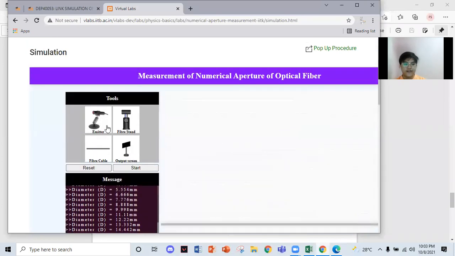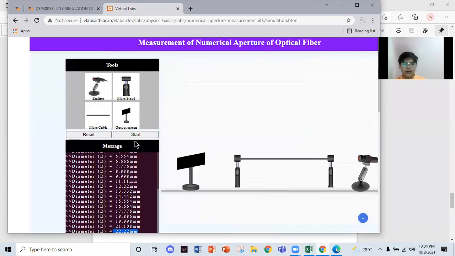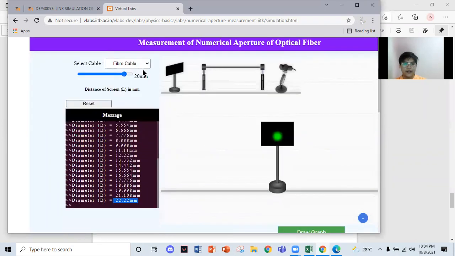We press reset, and then we click the items that we will use. Okay, we click start, and then we choose glass cable. Earlier we used the fiber cable, now we use the glass cable. So for experiment 2, as usual we start from 0 and move it one by one until it reaches the set diameter.